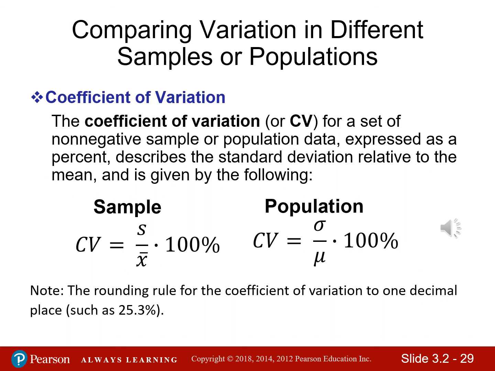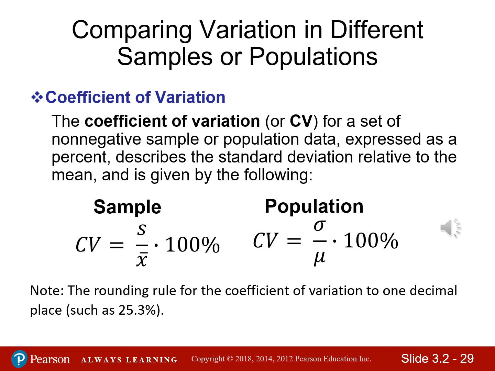It's good practice to compare 2 sample standard deviations only when the sample means are approximately the same. When comparing variation in samples or populations with different means, it's better to use the coefficient of variation. We would also use the coefficient of variation to compare the variation from 2 samples or populations with different units of measurement, such as comparing the variation of the heights of men to the weight of men.